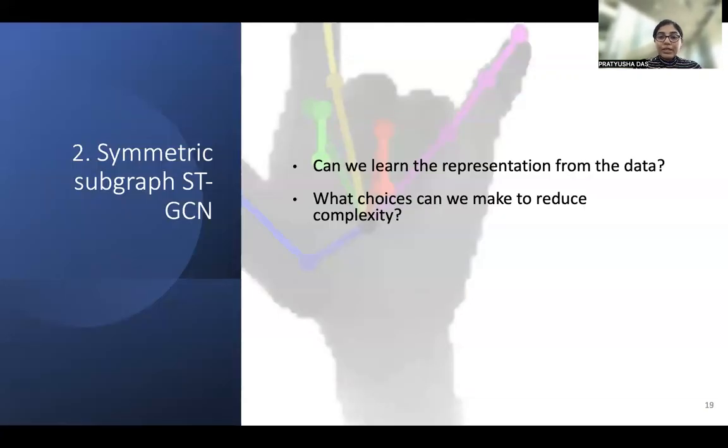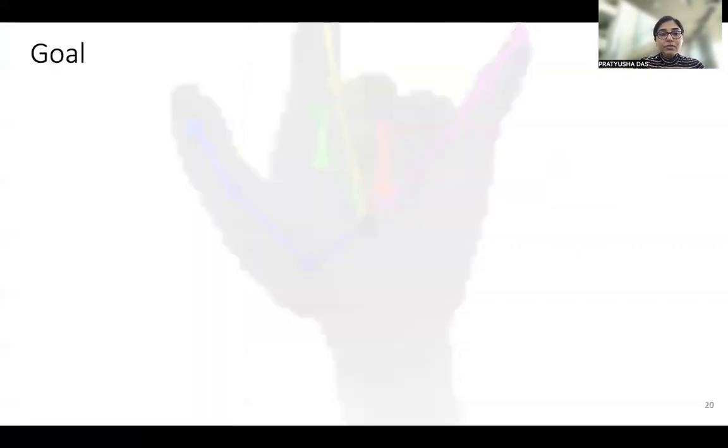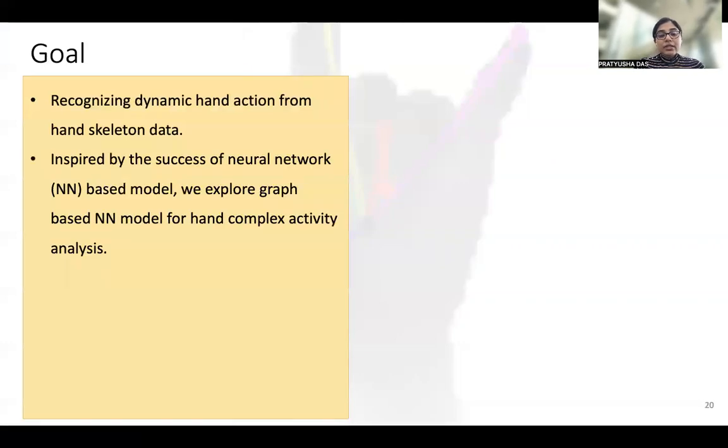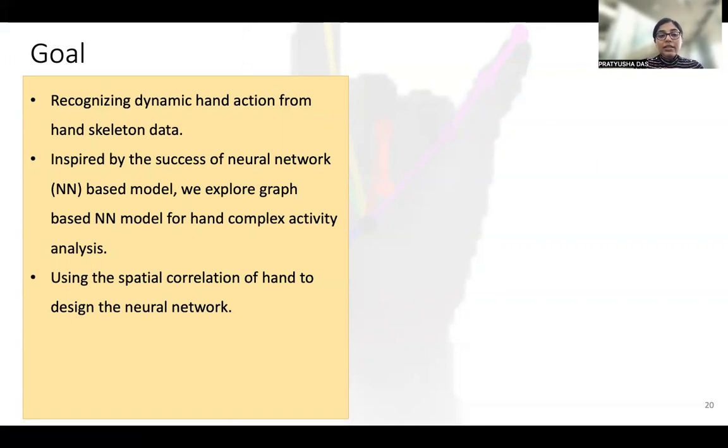Now I'll move on to my second chapter, where the question is, so far we are not learning the representation from the data. Can we learn the representation from the data, and what choices can we make to reduce the complexity? In this case, inspired by the success of neural networks, we wanted to design a graph-based neural network model to do this action understanding task.